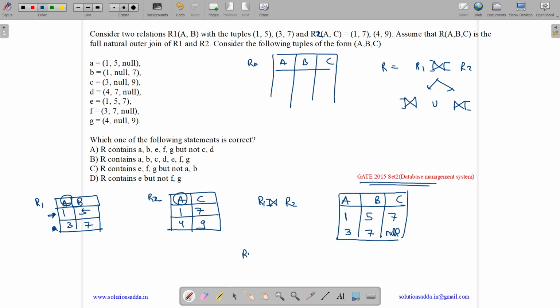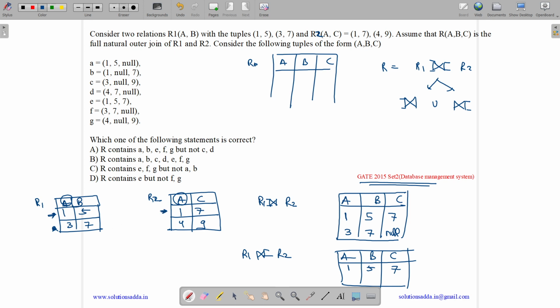Now what is right outer join? It has attributes A, B and C. What we do over here is, first we do R1 natural join R2, which will give us 1 5 7, as 1 is mapped to this one. But now see, 3 is not mapped to anything, and here 1 7 is mapped to 1 5.